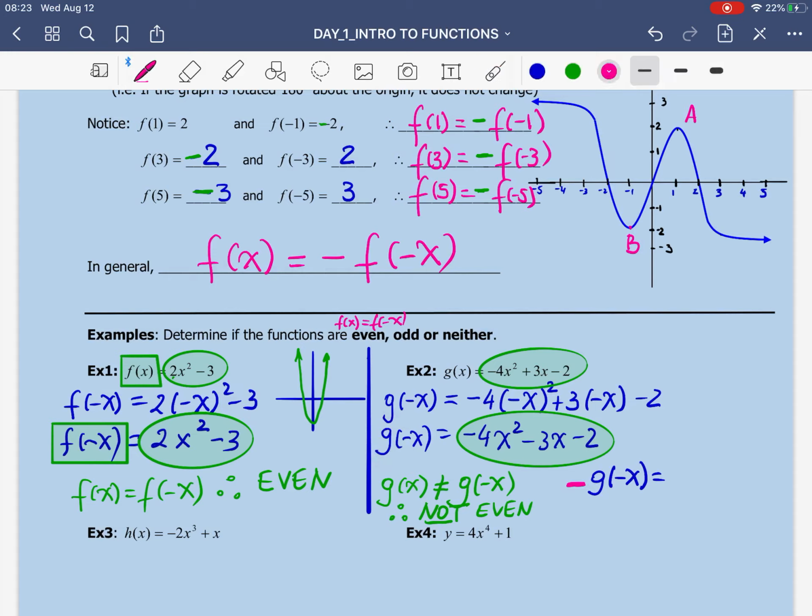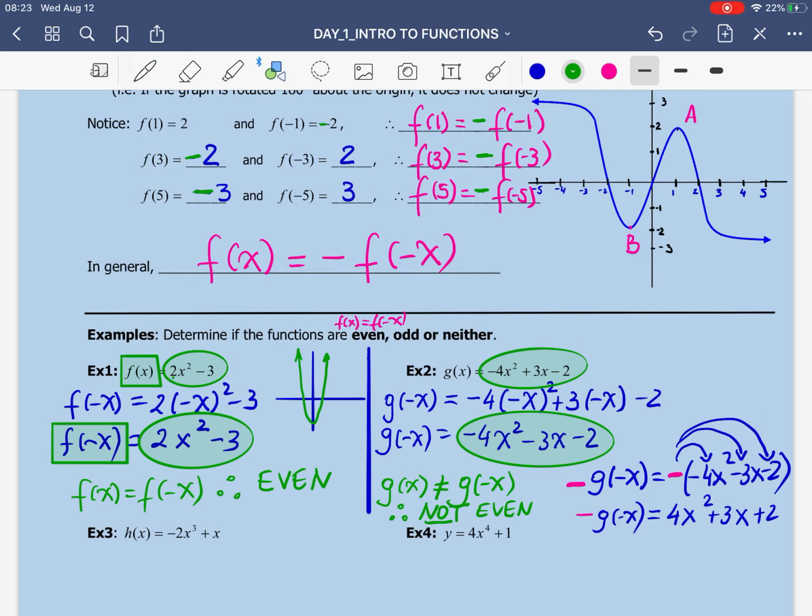So there goes the negative sign, and here goes my g of negative x, which is negative 4x squared minus 3x minus 2. I will multiply by this negative sign every term inside the brackets, and that will change to become 4x squared plus 3x plus 2, and that will be negative g of negative x.